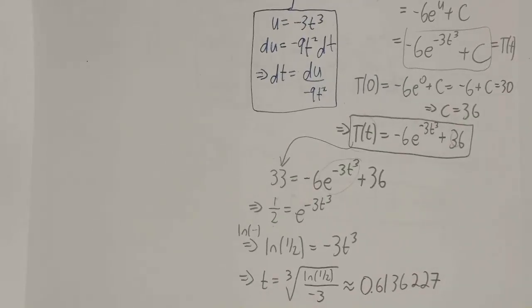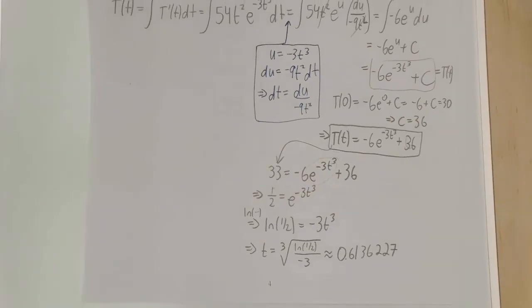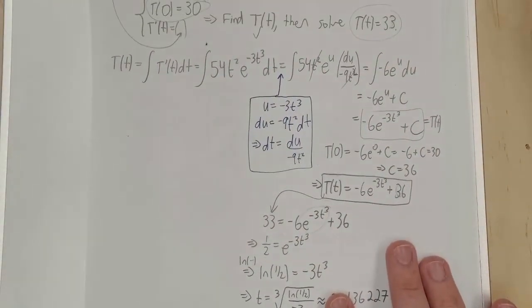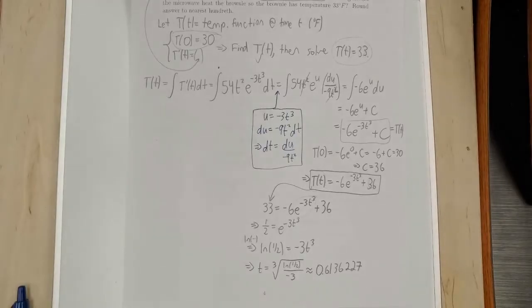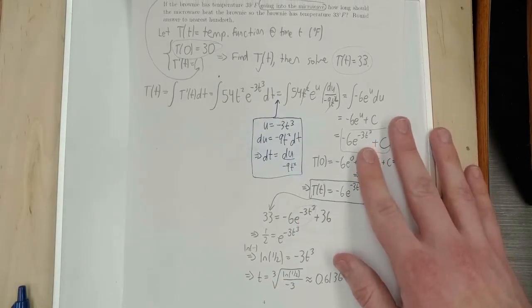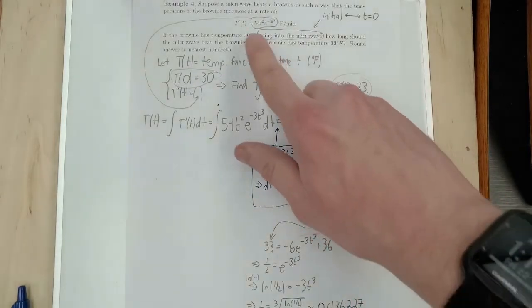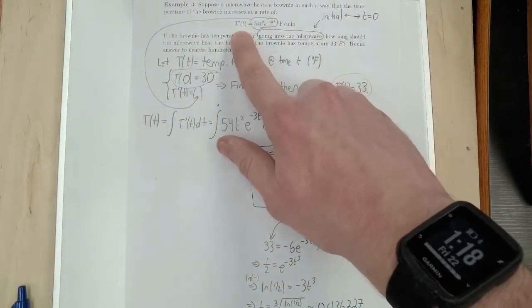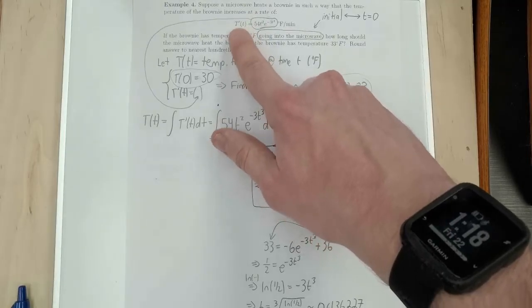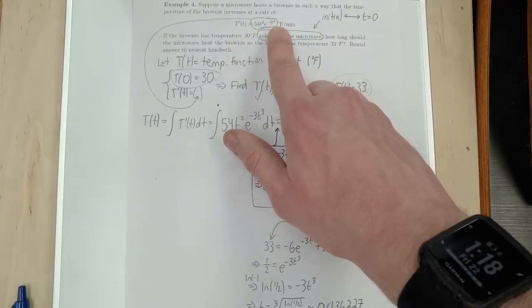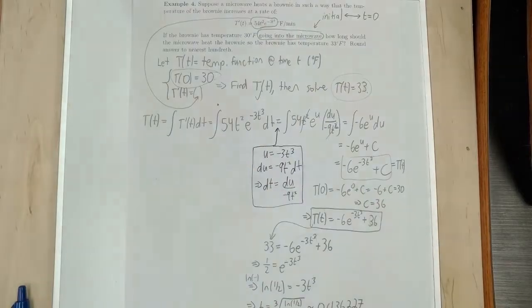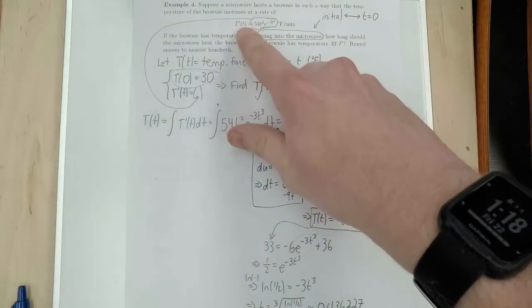Going back to the original problem, there's a big key to tell us what the units should be. T prime of T is in degrees Fahrenheit per minute, which is a really good indication that t has to be in minutes.